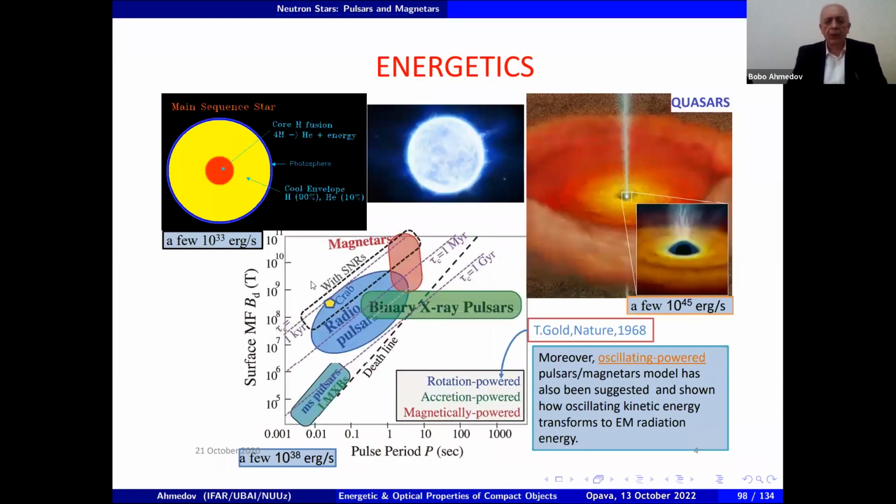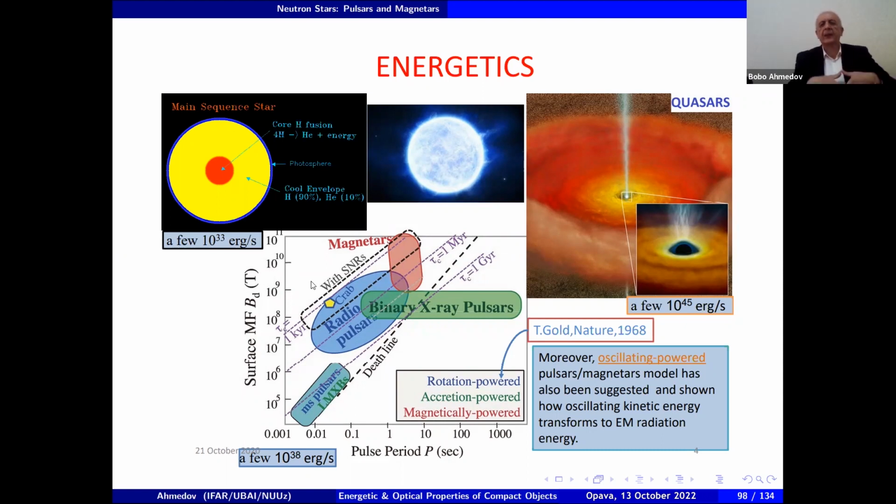And for energetics, we know that the energetics of the different astrophysical objects depends, of course, on the nature of the astrophysical object. So let's look at the nature of the neutron star.